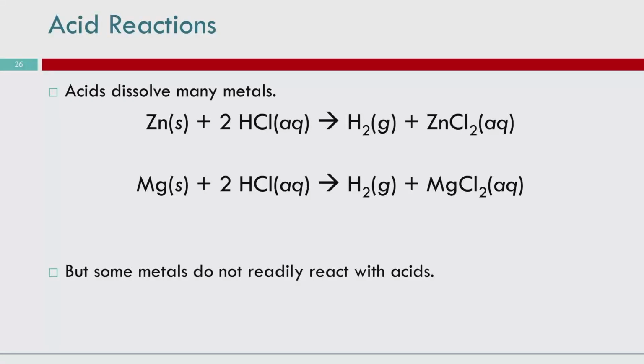And so if you put something like zinc or magnesium in hydrochloric acid, it will go on to produce H2, which is hydrogen gas, and this thing, which has a positive ion and a negative ion. It's an ionic compound that is also a salt.